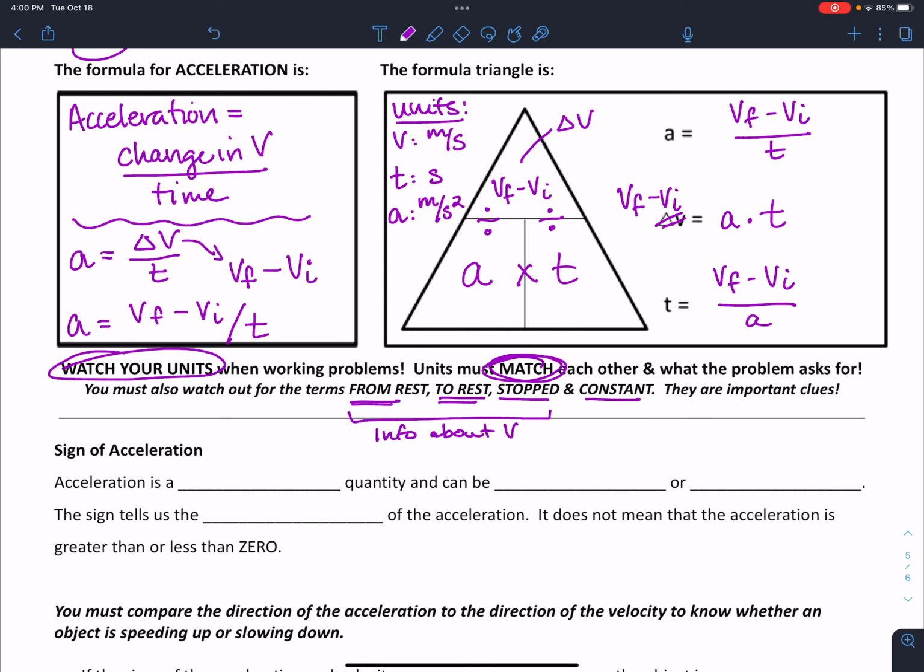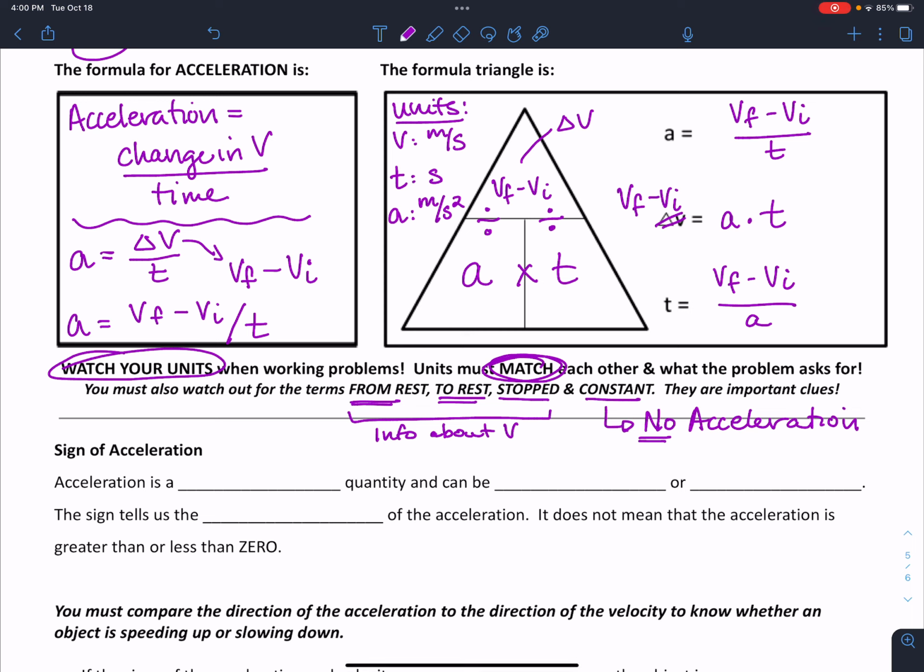If you're starting from rest, that means your initial velocity is 0. If you go to rest, that means your final velocity is 0. If you're stopped, that means you're not moving, your velocity value is 0. If it tells you you have constant velocity, then you have no acceleration. If your velocity is constant, it can't be changing, so you can't have any acceleration.